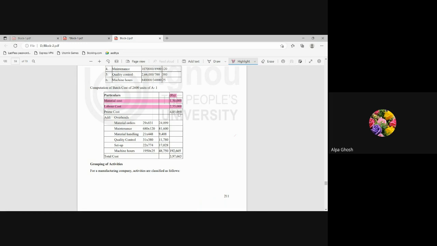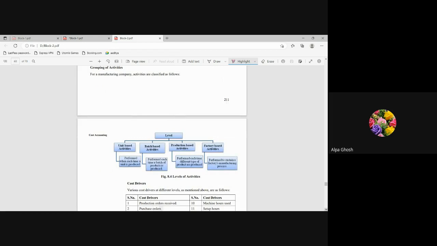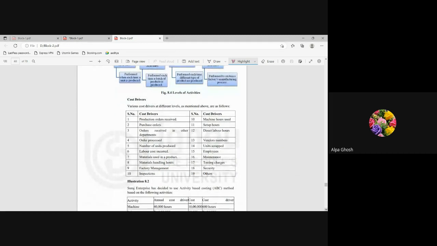Then we need to add overheads. You take this 831, and this time it is 9. So you multiply the amounts you have calculated with the usage given in the question. The total cost of all overheads is added to prime cost. You get 5,97,665. When you group them, these are the groupings and these are the cost drivers.